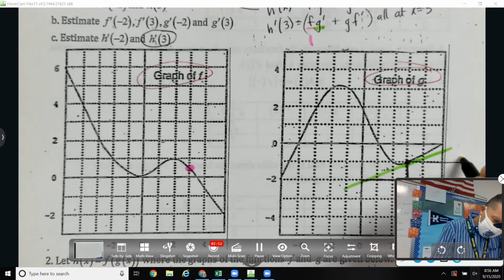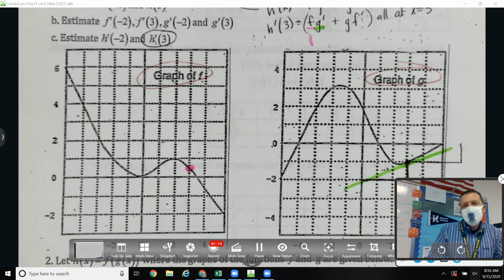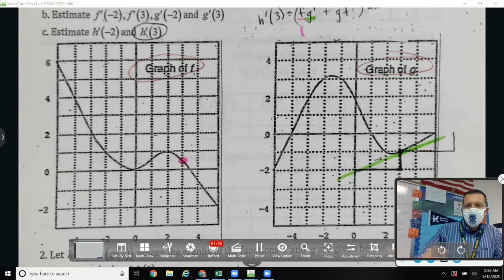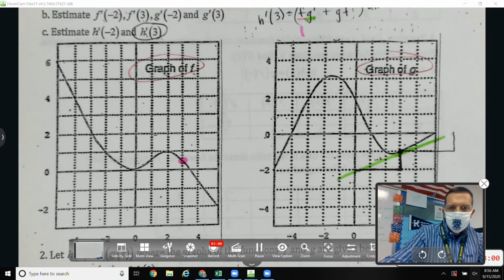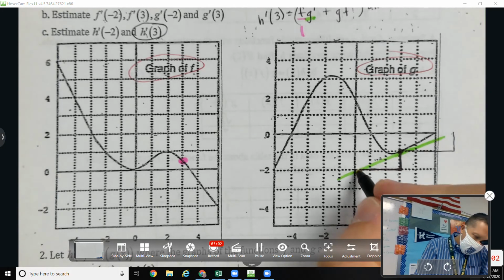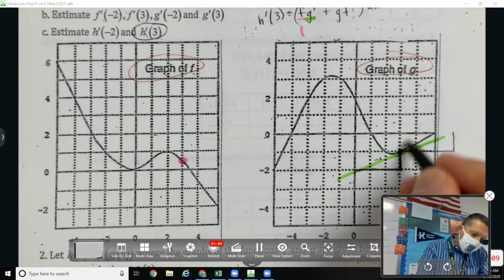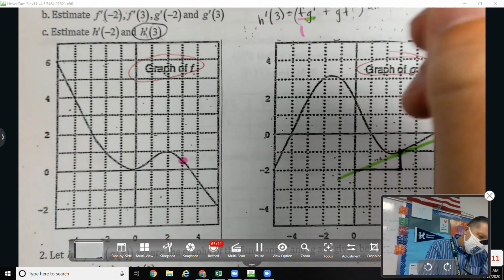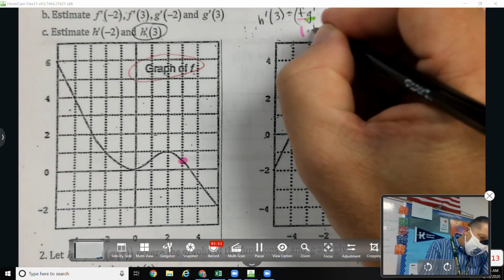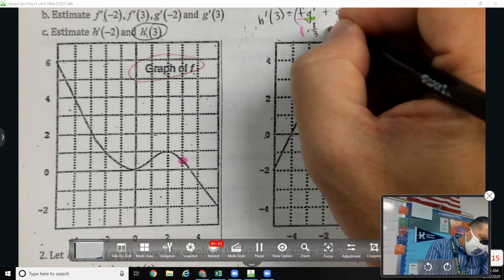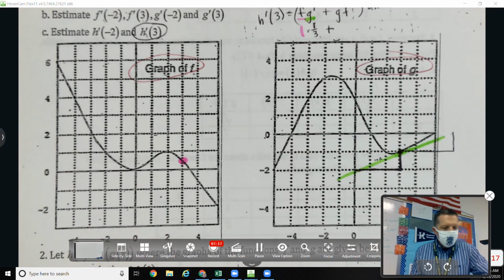Okay, well, again, it's a bit of an estimate, so we may come to different conclusions here. But I think I've got mine at pretty close to 1/3. Maybe not exactly 1/3. Up 1 over 3. So I'm going to call that 1/3. If you drew yours differently and you got 1/2 or 1/4, that's fine.